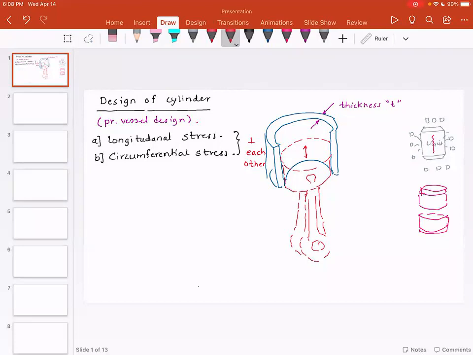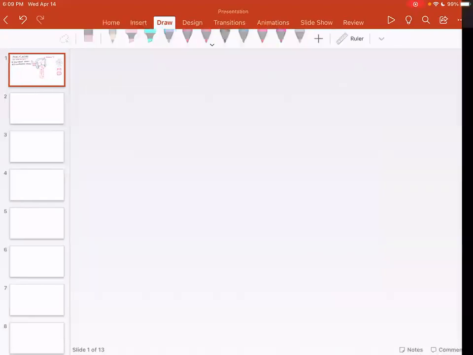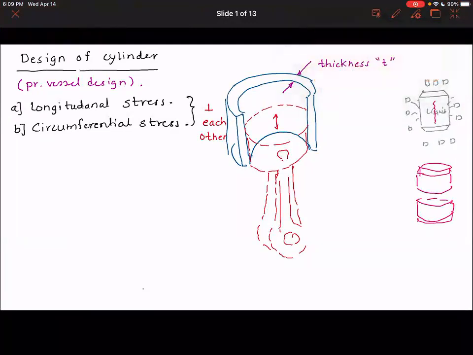If you think about it, because of the articulation of the piston, you can observe that there is some side thrust. But this side thrust is usually small, so we ignore it.